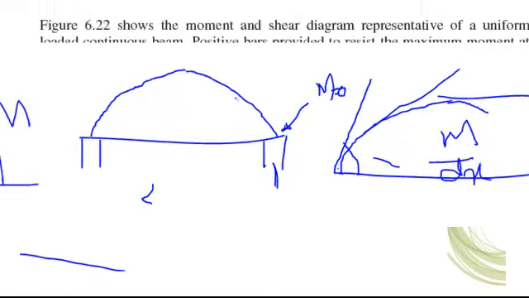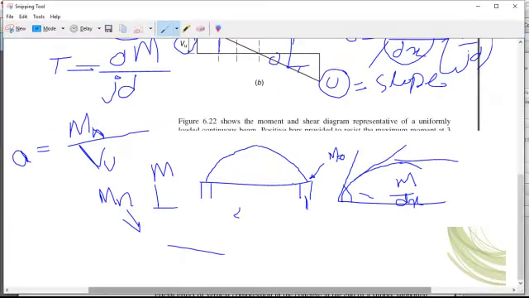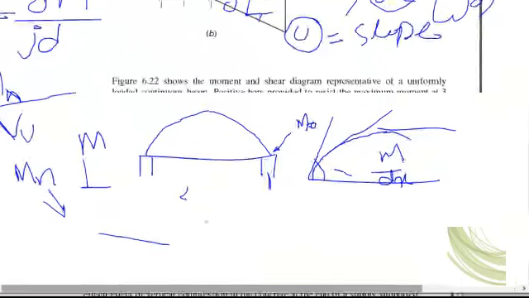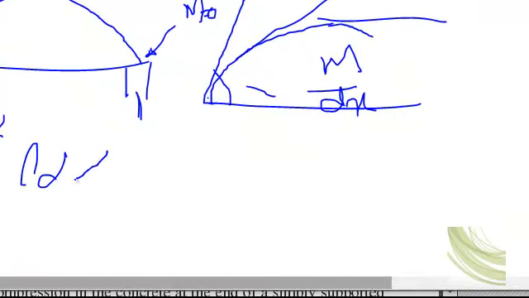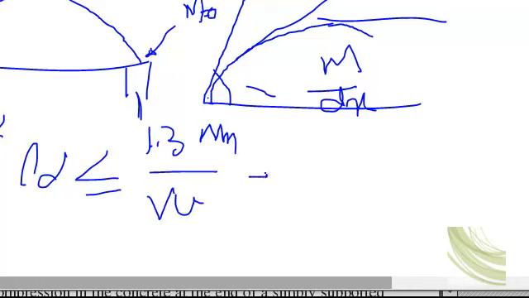Basically, we will also use this derived formula here, and remember that there Ld must be less than or equal to 1.3 Mn divided by Vu, plus La. Clear? The 1.3 factor is multiplied with the Mn.